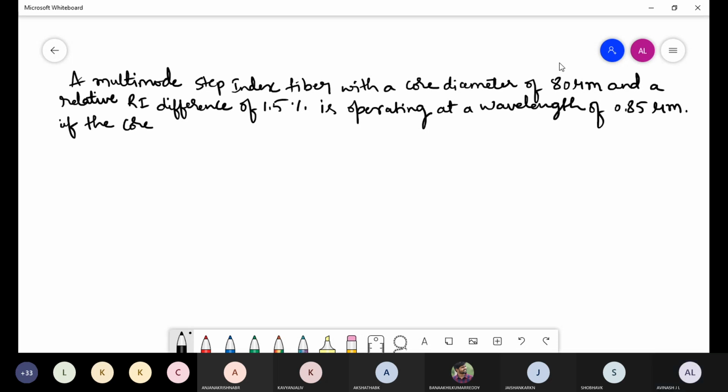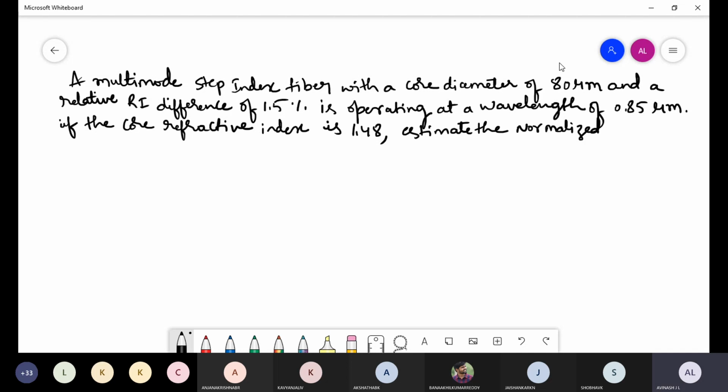If the core refractive index is 1.48, estimate the normalized frequency for the fiber and the number of guided modes.